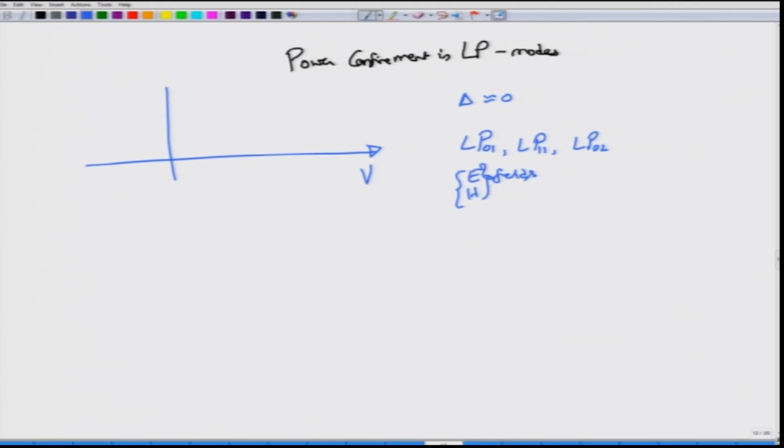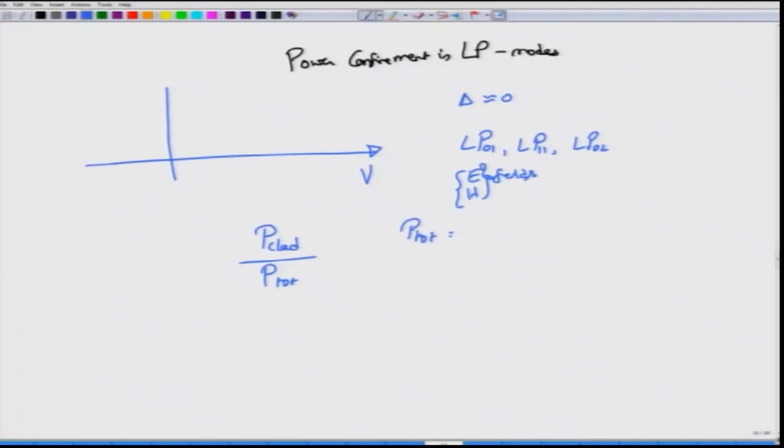We will not do a full calculation, but I will tell you the important thing that you are looking for, in addition to the mode structure itself or the propagation constant itself. If you launch a certain total power, what is the amount of the power that is actually propagated in the cladding, not in the core? Assume the total power is split between the core and the cladding, assuming no losses or other things that we are going to talk about later on.